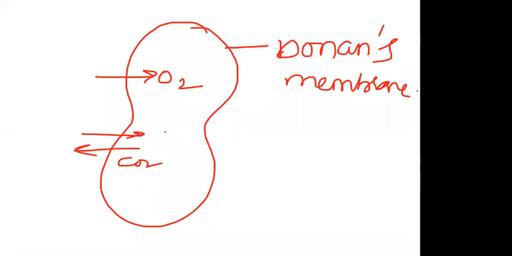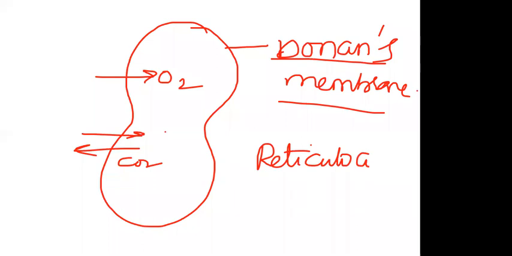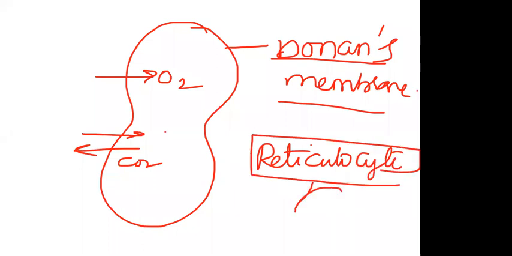It's just to remember here, the membrane is Donnan's membrane, and the nucleus and other cell organelles are lost at this particular stage in RBC, which we call the immature RBC, the reticulocyte. In the reticulocyte stage, they lose every cell organelle, nucleus, endoplasmic reticulum.